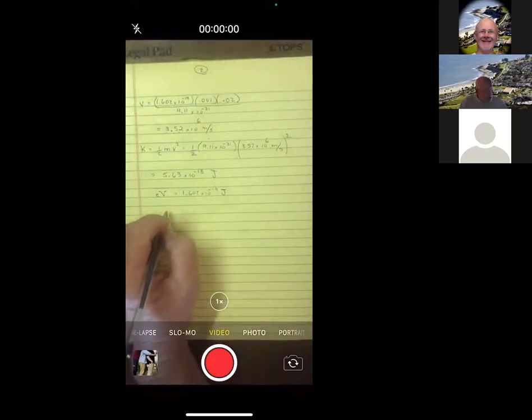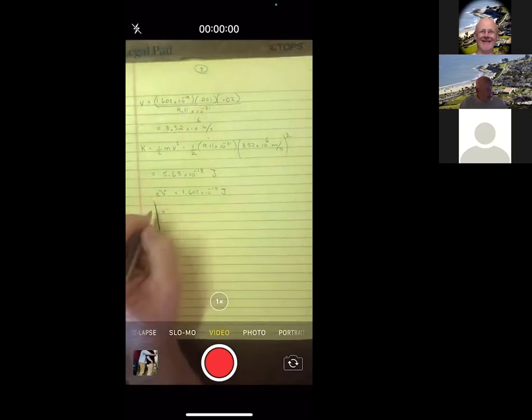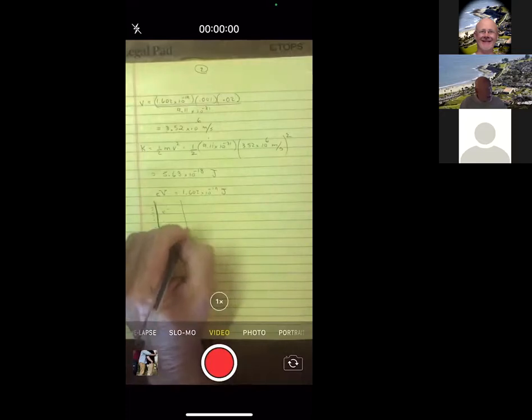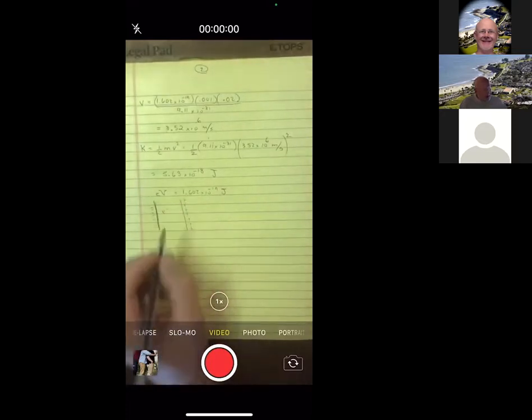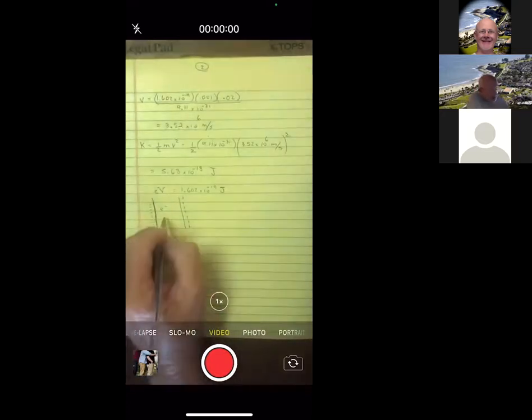If you took an electron, and let's say the electron is between a capacitor where one plate is positive and the other plate is negative. And so it's close to the negative plate, and it shoots across.